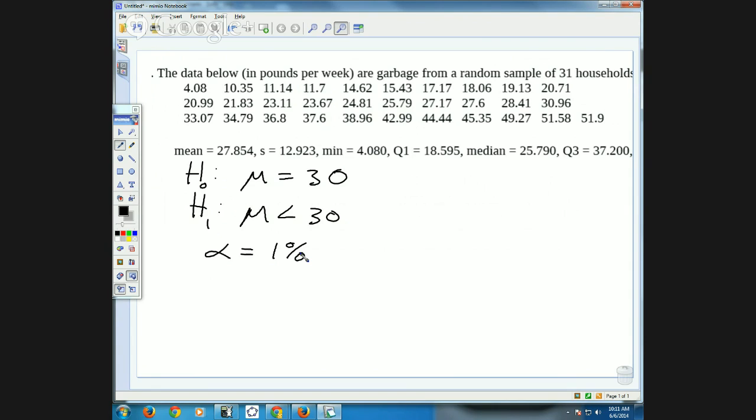Average weight of garbage in a week in pounds. Are we playing with Z's or T's here? T, wonderful. So the center of my distribution would be T equals 0 or mu equals 30.